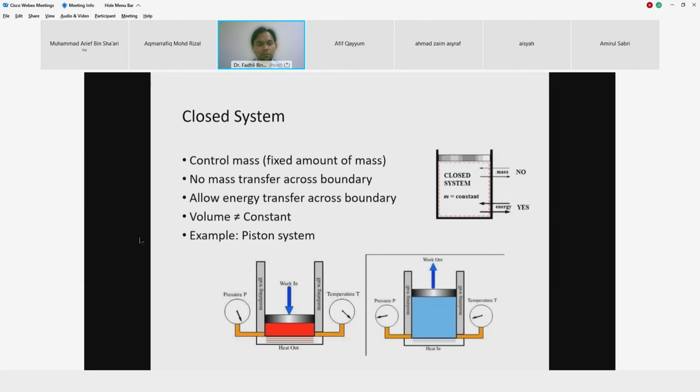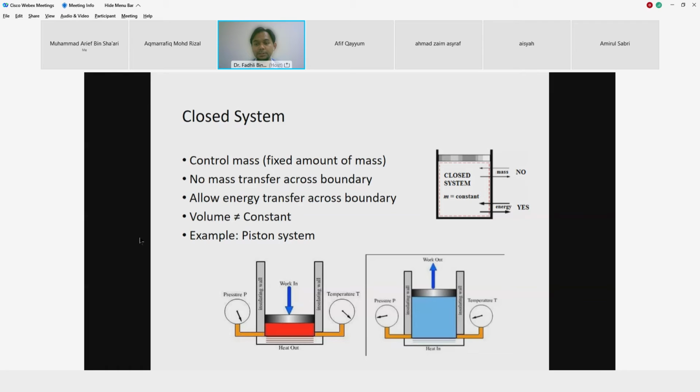For a closed system, sometimes we call the system a control mass system, which means the amount of mass inside the system is fixed. You can call it closed system or control mass system. They are the same. No matter or no mass can be transferred across the boundary.